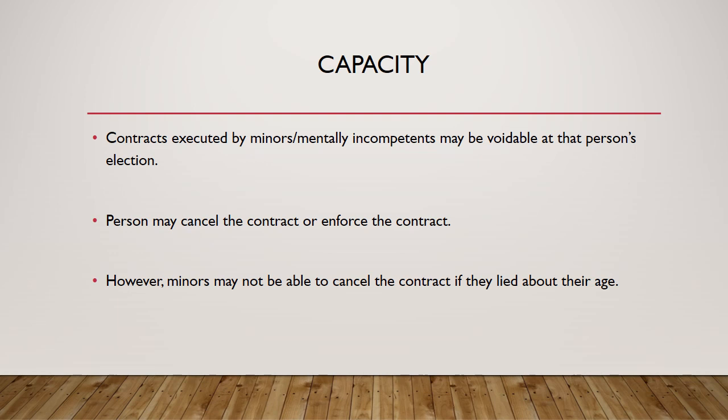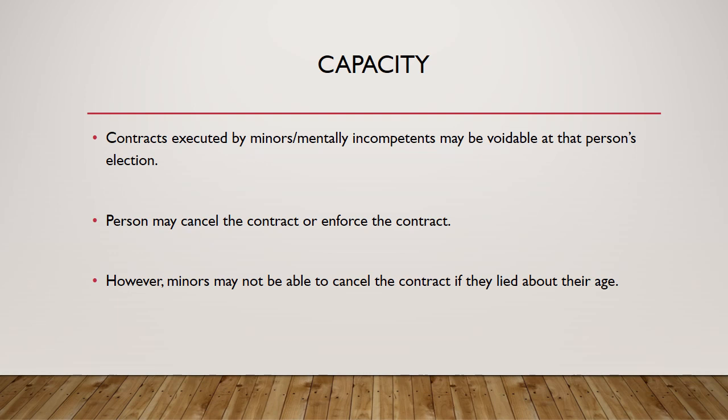Let's go back to the scenario we have. If the homeowner contracts with the painter and they have an agreement, but the painter is actually 17 and the age of majority is typically 18, so we'll take 18 for that, since he's under 18, his contract will be voidable.